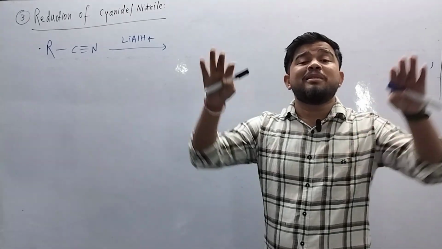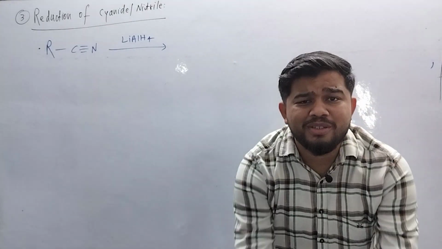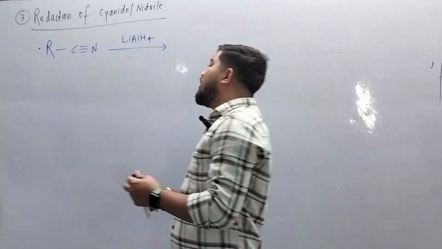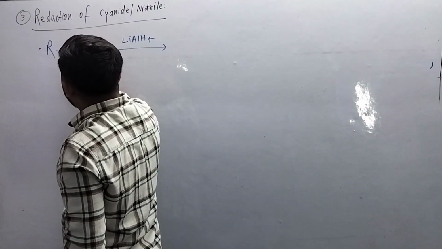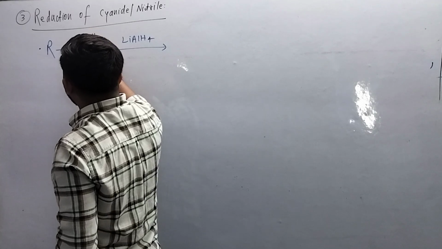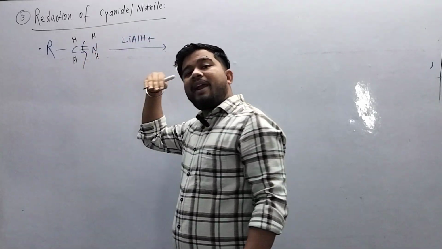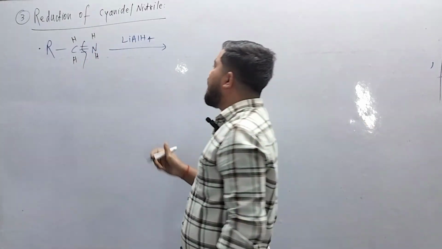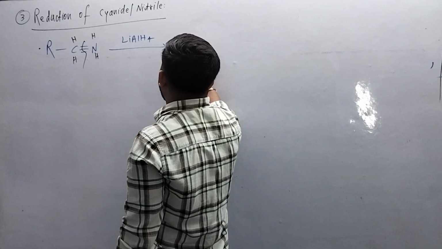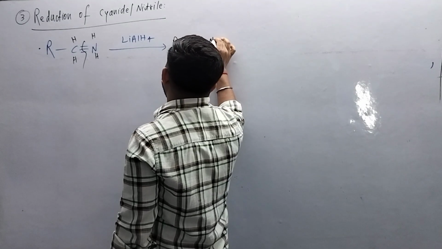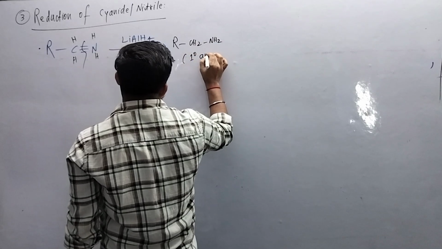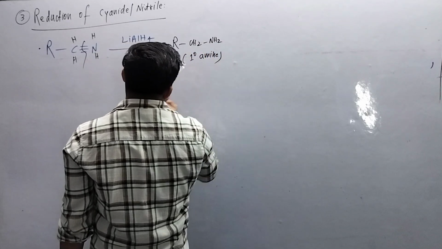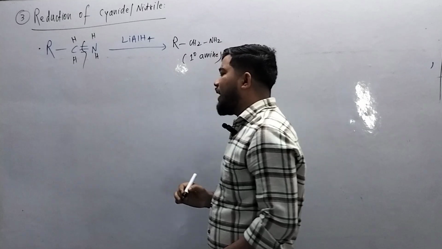That means there will be addition of hydrogen. The bond will be broken, and two hydrogen at carbon and two hydrogen at nitrogen are added. The product will be RCH2NH2. That means our product is a 1 degree amine.